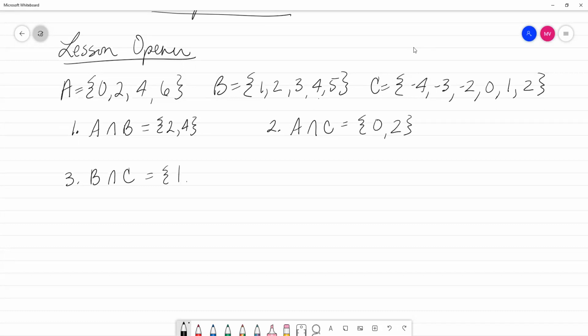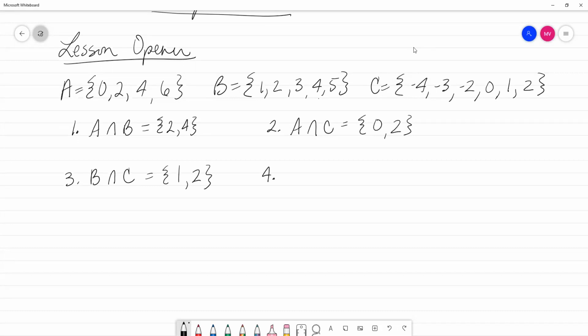We got a 1 and 2. I think that's it. Because there's no negatives in B, so you can ignore all the negatives in C. All right. That is correct. It's 1 and 2.